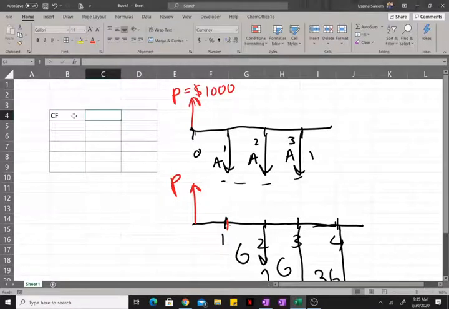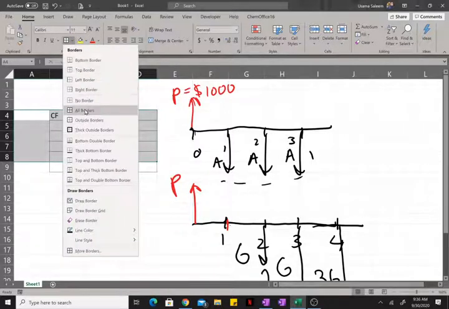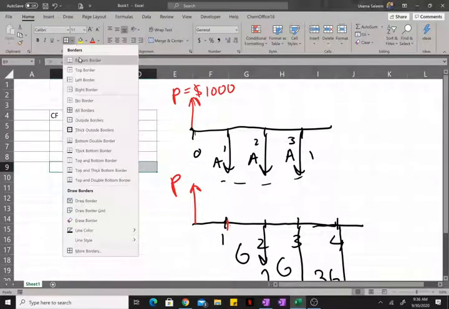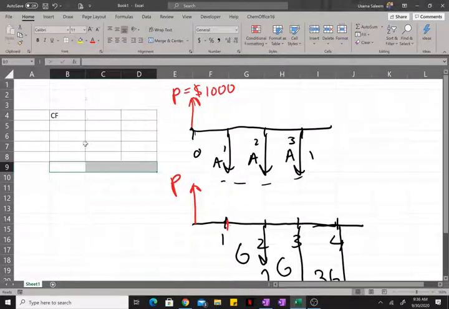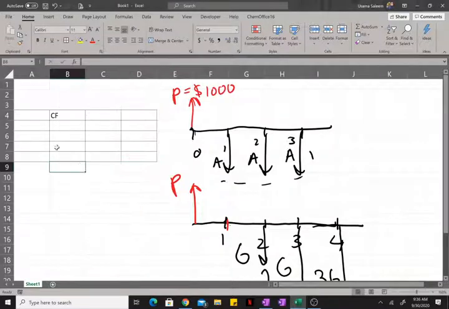Cash flow, actually I want 4 cells. Yeah, 4 should be enough for the uniform payment. All borders, and I don't need that. No border. Okay. Better.